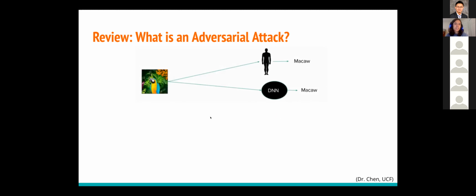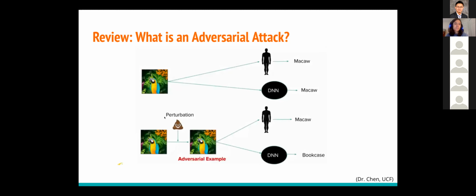However, with adversarial attacks, we add a little perturbation where we adjust the values of each pixel ever so slightly. And while the image looks the same to the human eye, neural networks are confused because these perturbations are meant to maximize the deviation between the expected ground truth and what actually gets output.